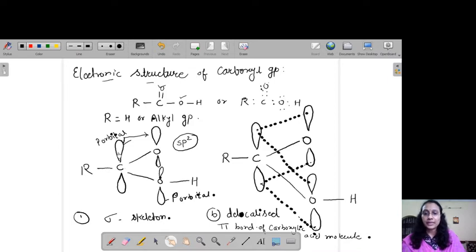Each of the two oxygen atoms and the carbon atom is left with one unhybridized p orbital, which is perpendicular to the sigma bonding skeleton.